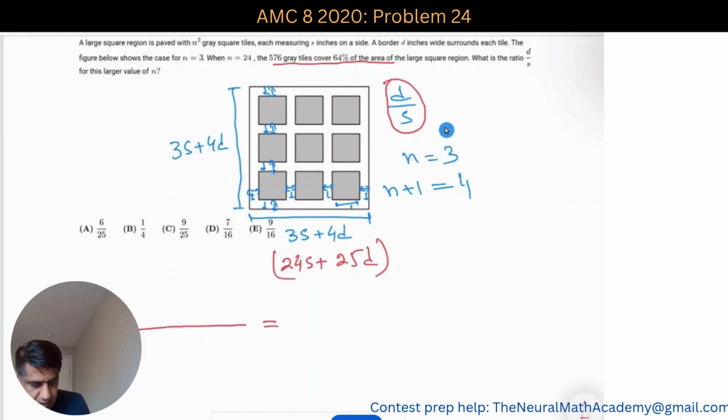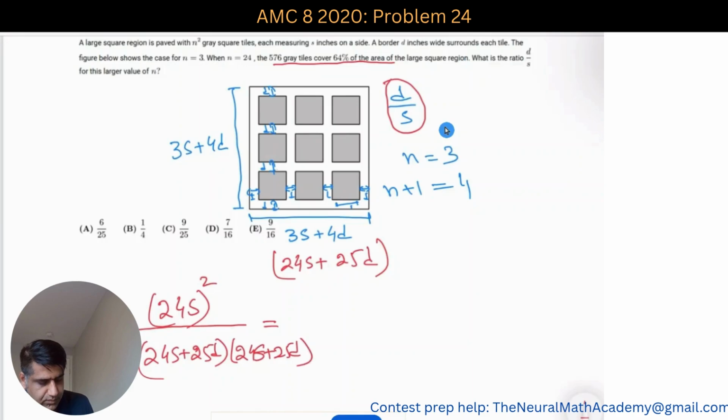So since it is a square and side length is this, I can then write the area for the 576 tiles divided by the total area of the square, and that is equal to 64 over 100.